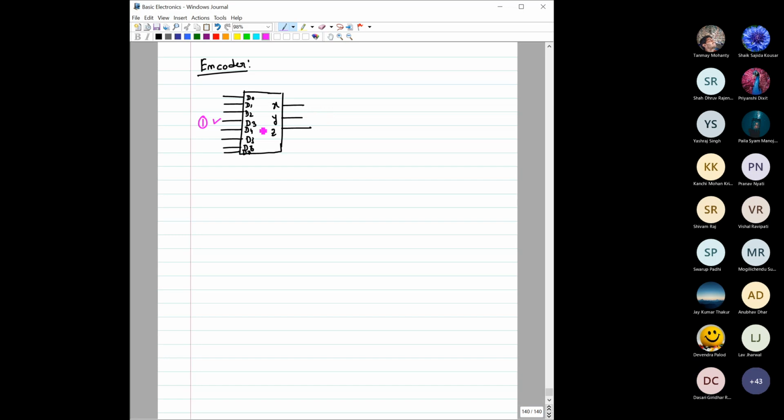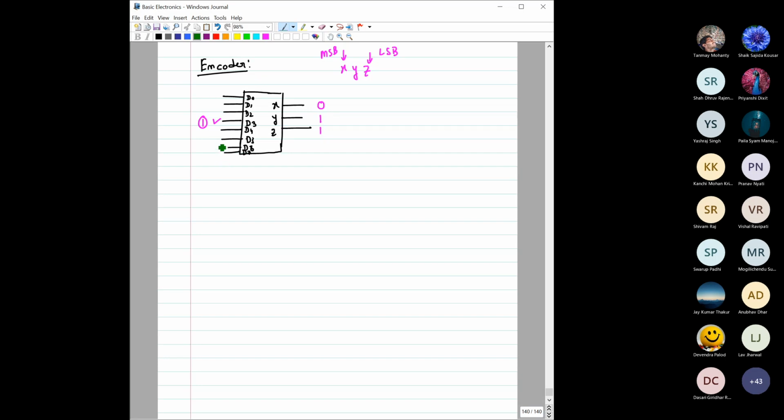Remember, we are writing it in terms of X, Y, Z, where X is the most significant bit and Z is the least significant bit. So it will produce 0, 1, 1.